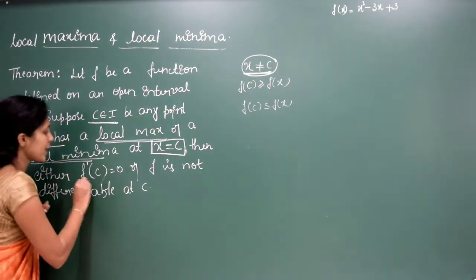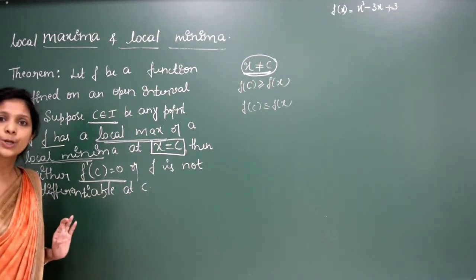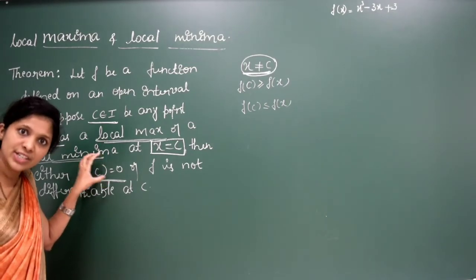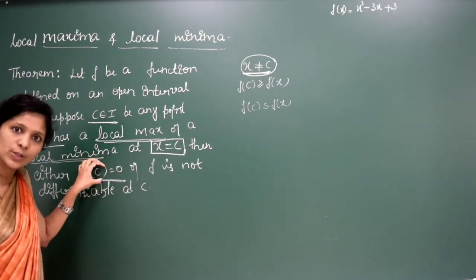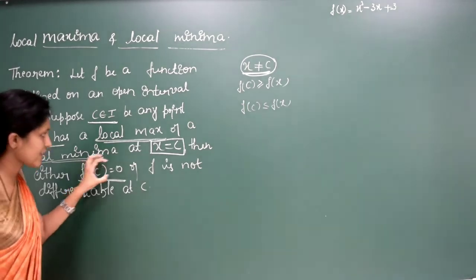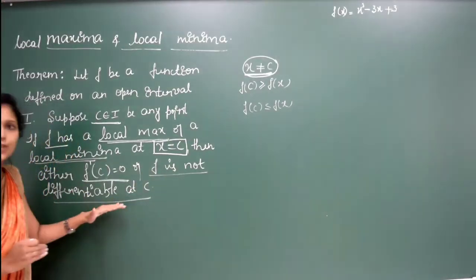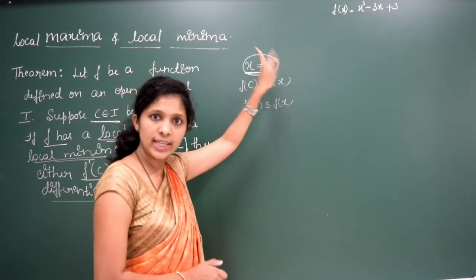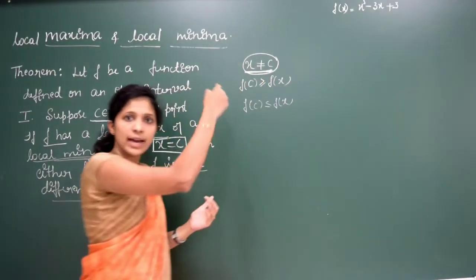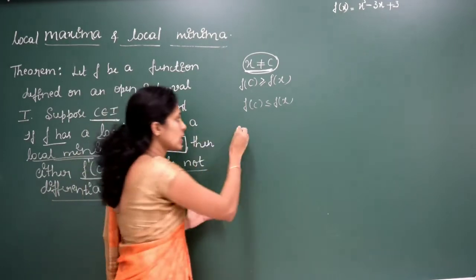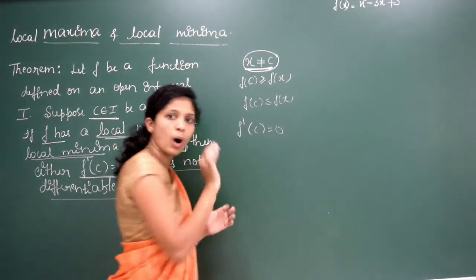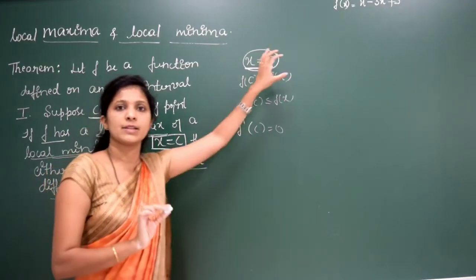Then either f dash of c should be equal to 0, I mean the slope of the tangent at this point should be equal to 0, that will be parallel to the x axis, or f is not differentiable at c. Is it clear? Suppose x is equal to c, then if it attains either a local maximum or local minimum, then either f dash of c should be equal to 0 or f is not differentiable at the point c.